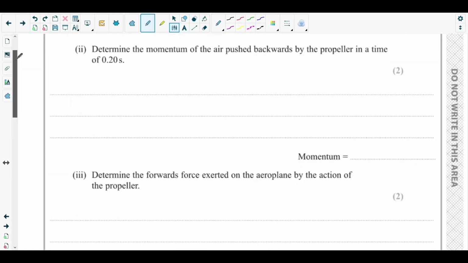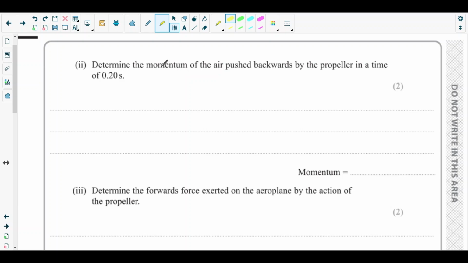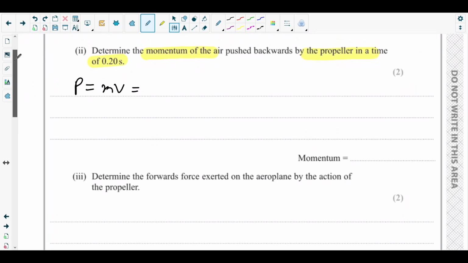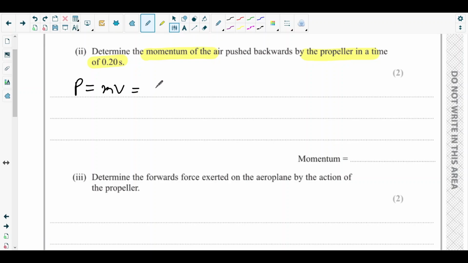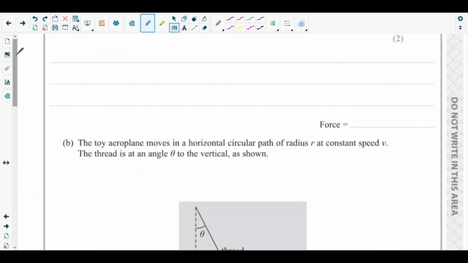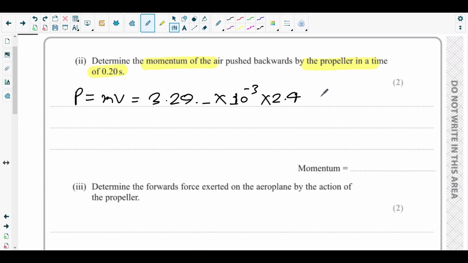In part 2, the question says to determine the momentum of the air pushed backwards by the propeller in a time of 0.20 second. So momentum p equals mv. The mass of air that has been pushed backward is 3.29 and so on times 10 inverse 3, times their speed, 2.4 meter per second. So 2.4, that much kg meter per second, or Newton second you can say.